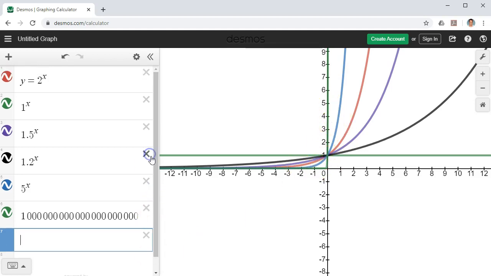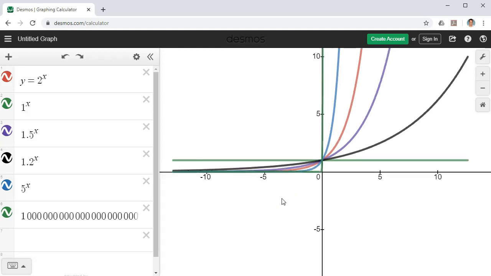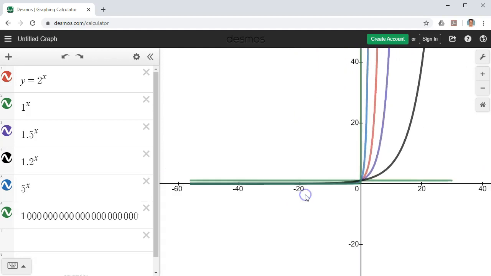While we're looking at all these graphs, I want to point out some things that we looked at in an earlier video. First of all, you'll see that they all pass through the point 0, 1. All of them. It doesn't matter what value of a you put in, they still all pass through this point. The second thing I want to talk about is, well, let's look at what happens when I zoom out.